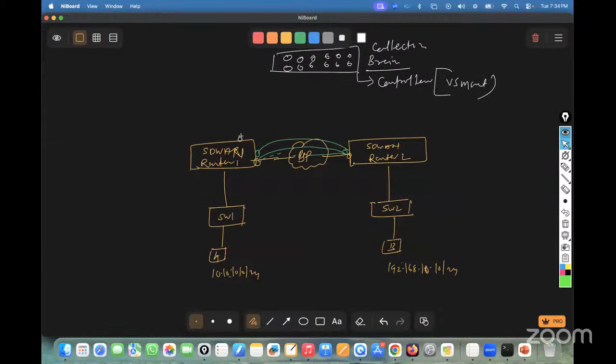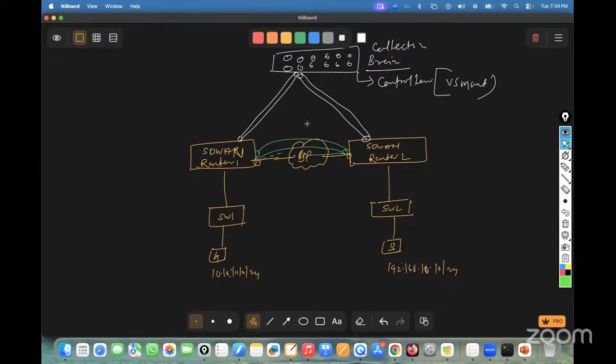This is responsible for reflecting and giving the routing information from all SD-WAN routers from A location to B, B to C, C to D. Means whatever routers you have, you can do that. So that is one of my collections of brain where we have to do all the routing.